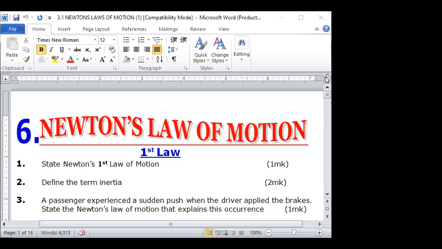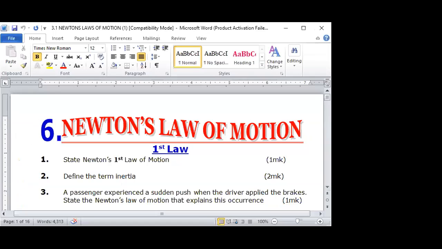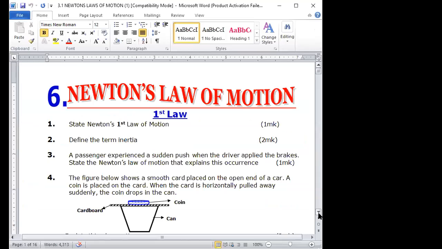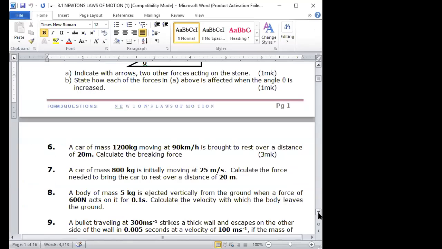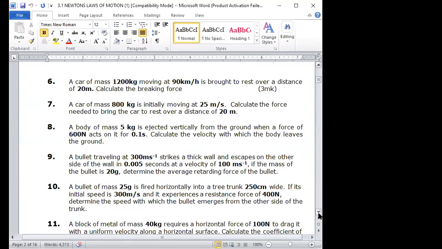We discuss Newton's laws of motion, where we left last time when we were together. We were through with the first law.